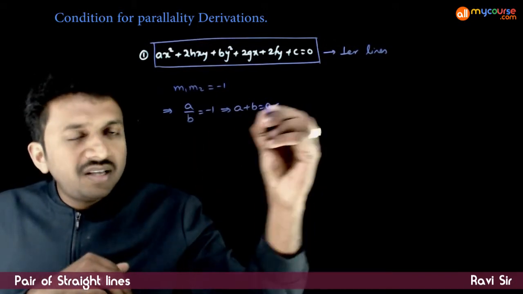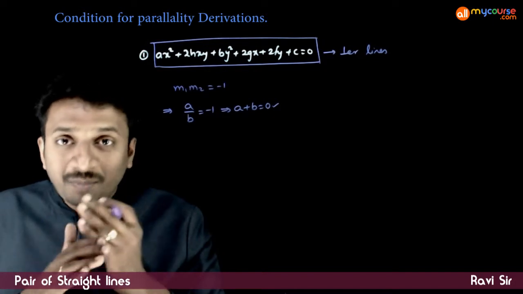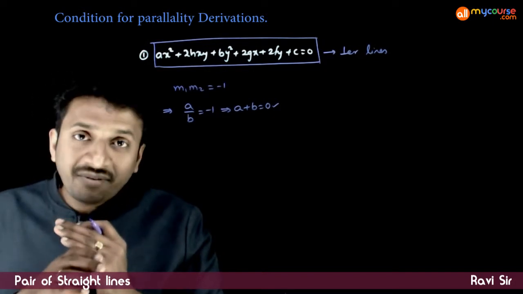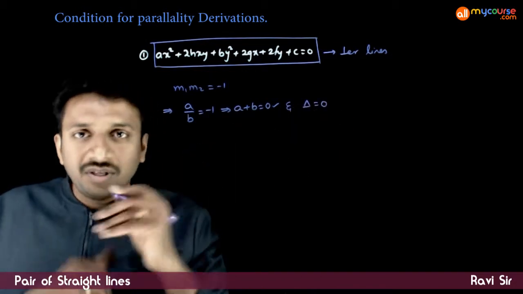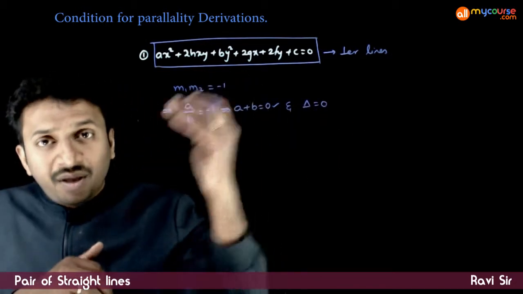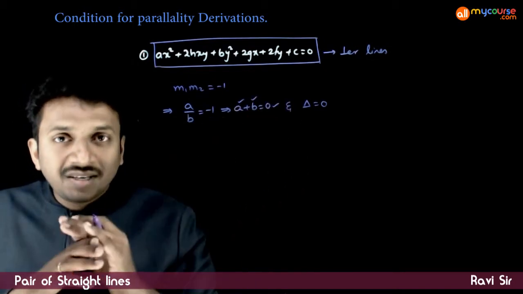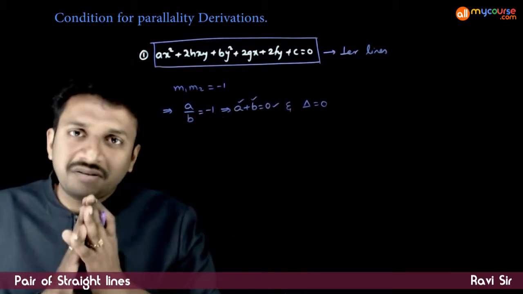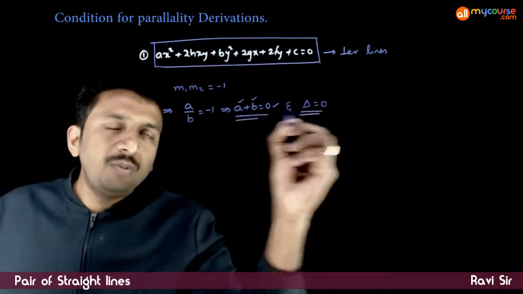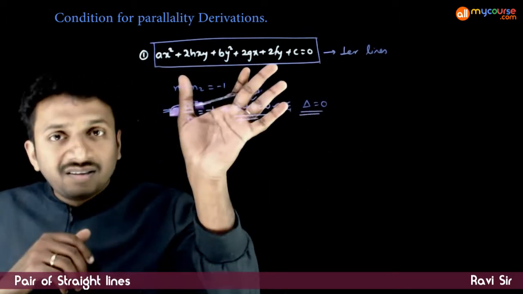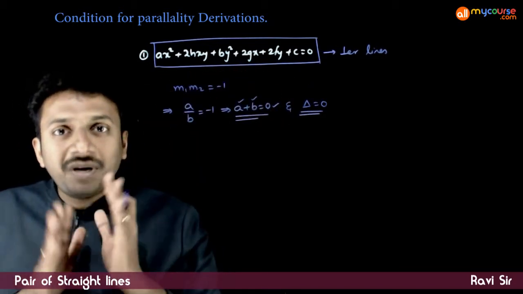So if a plus b is equal to 0, this equation represents a pair of perpendicular lines. And apart from this, if delta is also equal to 0, they represent a real pair of lines. And a plus b equal to 0 ensures that the lines are perpendicular to each other. So these are the two conditions which need to be valid for the lines of this equation to be perpendicular to each other.